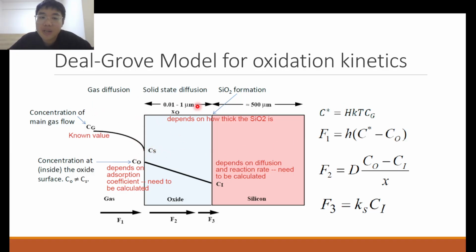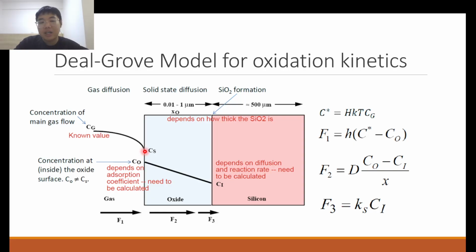Okay, and so we can define the first flux to be the flux from the furnace to the interface and dissolving into the oxide. So it represents Cg to Co, but you modify Cg with the Henry's law constant to consider the solubility equilibrium occurring at this interface. So that's the first flux.